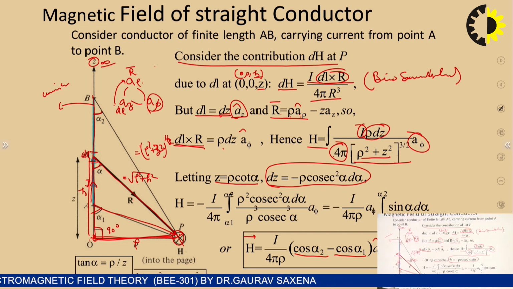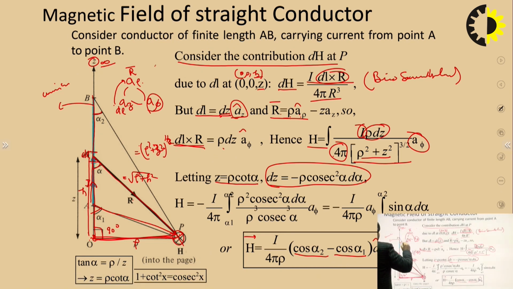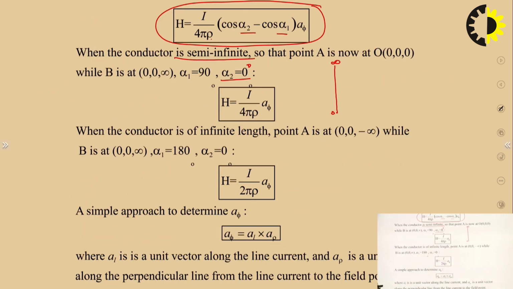So we can say point P and point B are in the same phase. That means alpha 2 is extended, or we can say it is seen like this, so alpha 2 and point P are in the same phase.